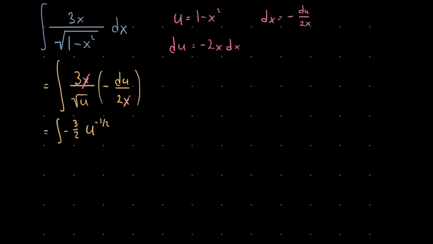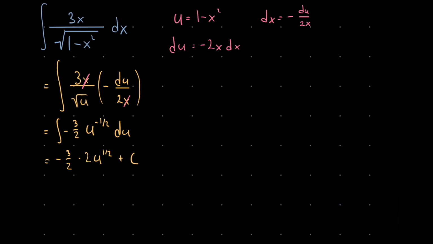Because the square root of u is equal to u to the 1/2, and because it's in the bottom of the fraction, it's negative, so u to the negative 1/2, and of course du. Now by the power rule, this is equal to negative 3 over 2 times 2u to the 1/2 plus c, because it's an indefinite integral.